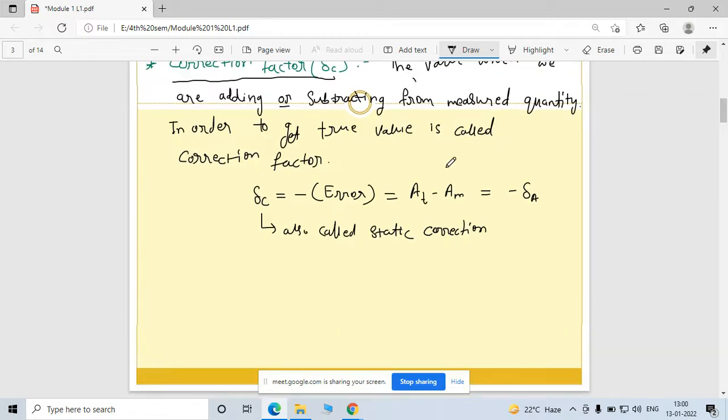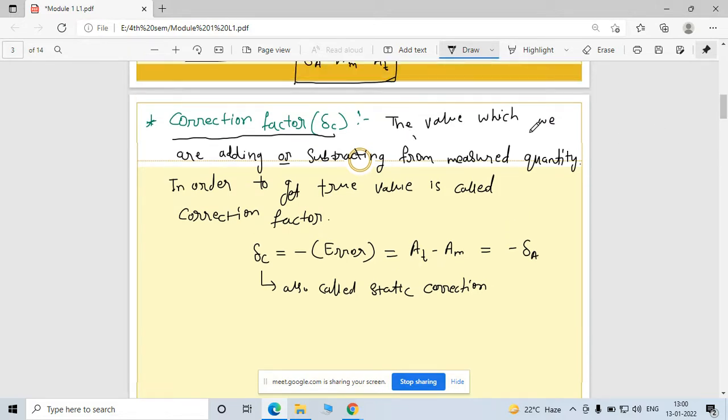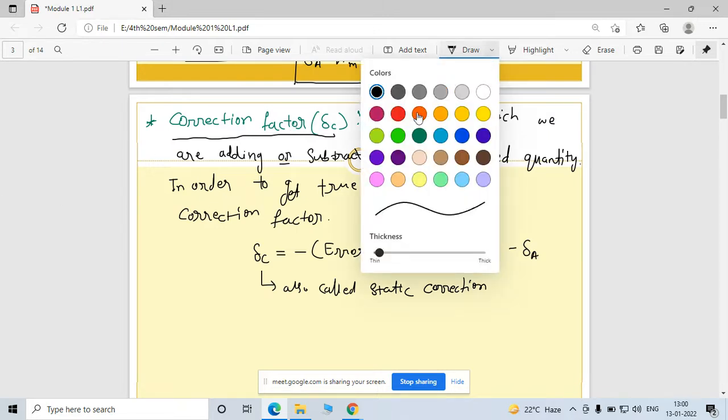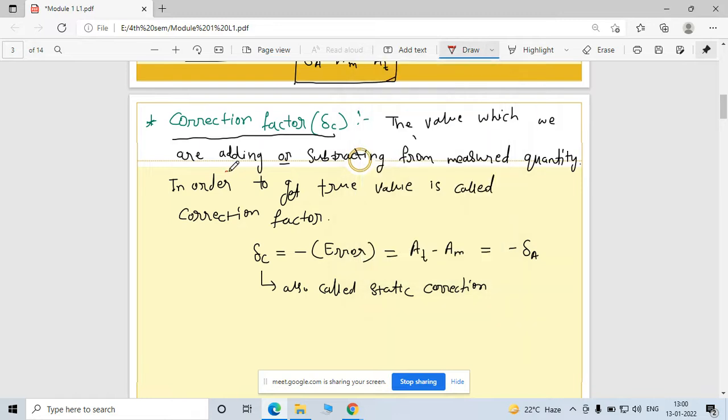First of all, read the definition here. The value which we add to or subtract from the measured quantity in order to get the true value is called the correction factor.